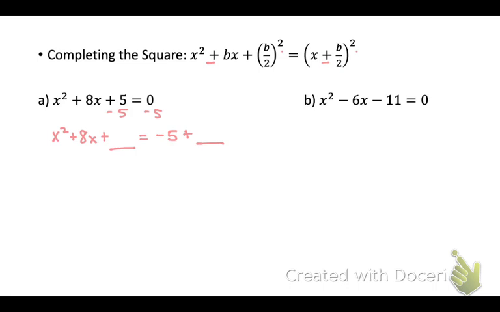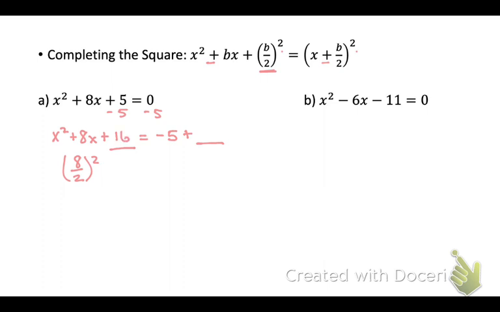Because I can do whatever I want to an equation as long as I do it to what? Both sides. So now we're going to do our b over 2 squared. So b is 8 divided by 2 squared. So 4, 16.